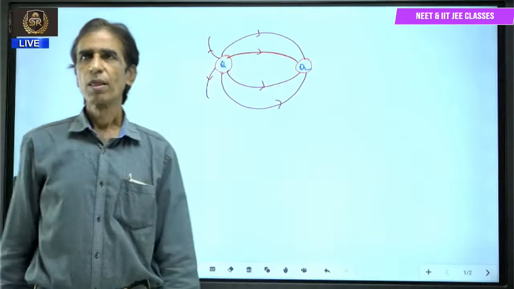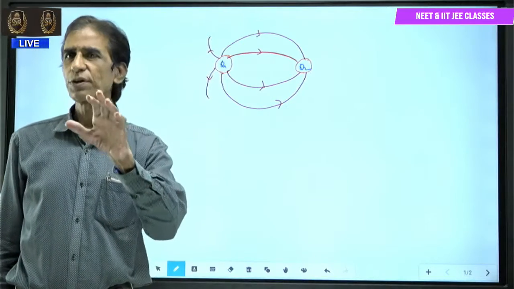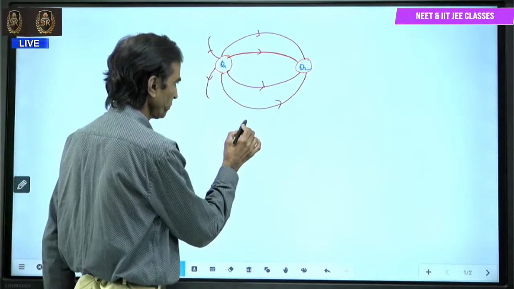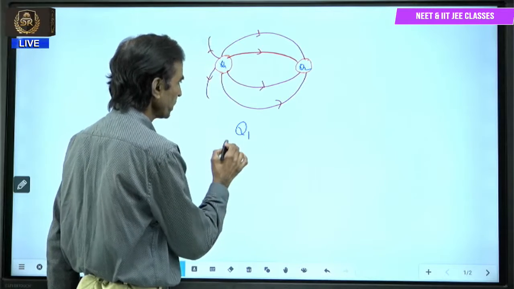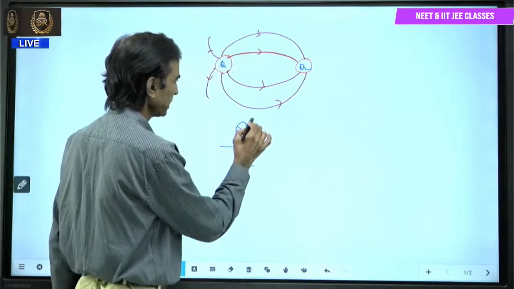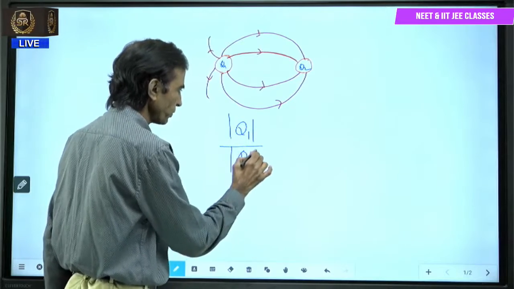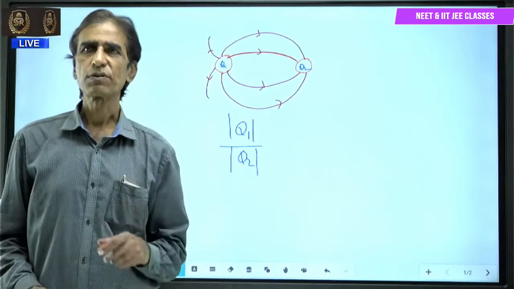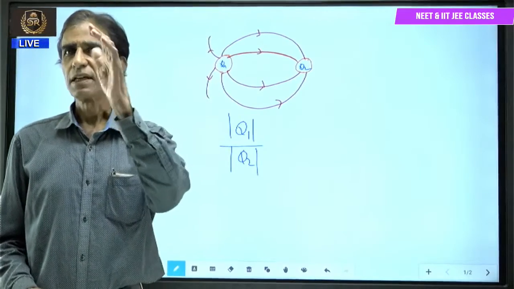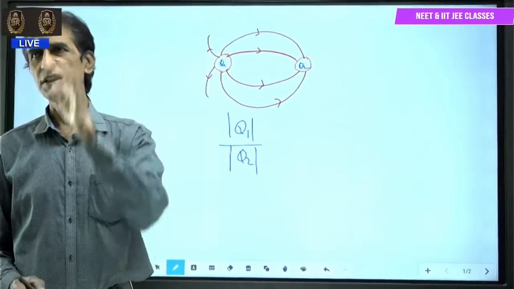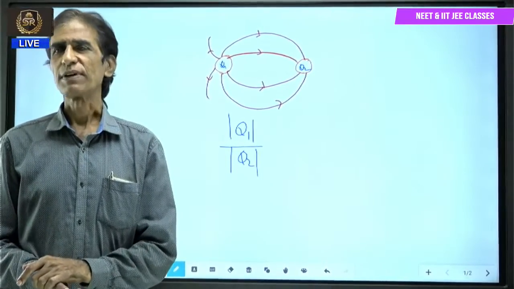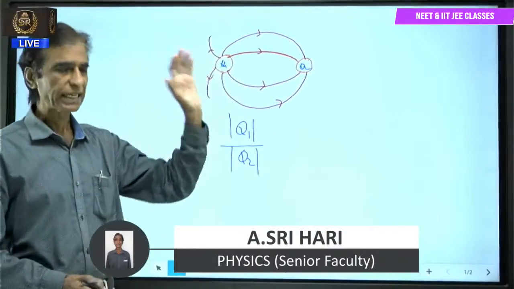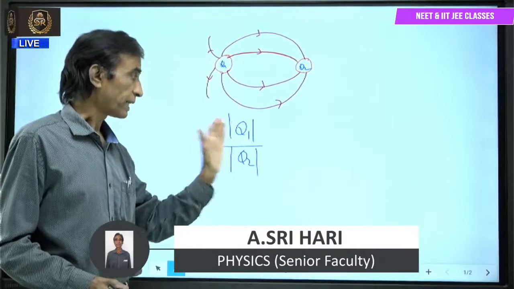They will ask you, what is the ratio of the magnitude of charges Q1 to Q2? Sometimes they put it like this to say they want only magnitude, not the sign, not positive or negative. So how to find it? The direction of the field is not necessary now because they are asking only the magnitude ratio.